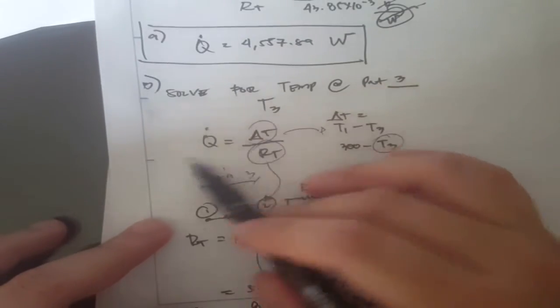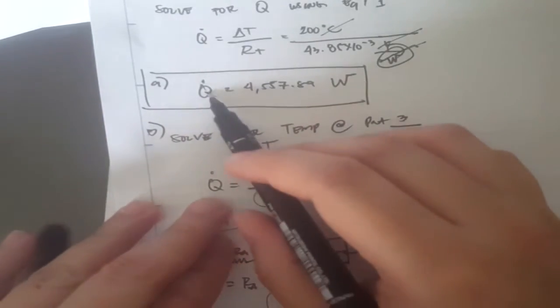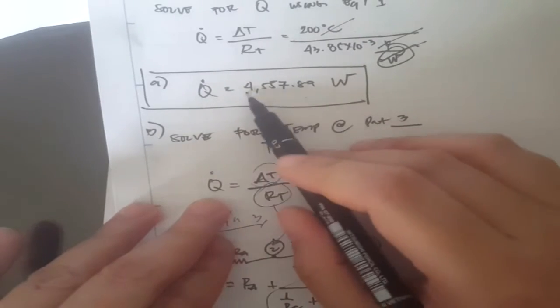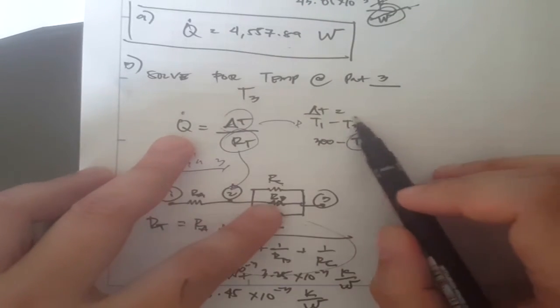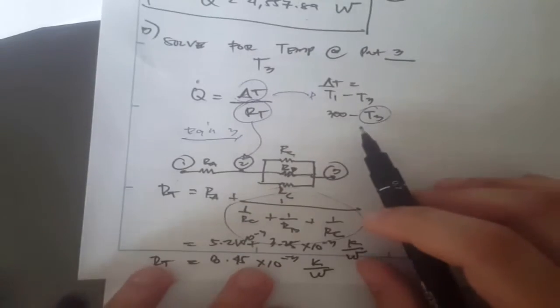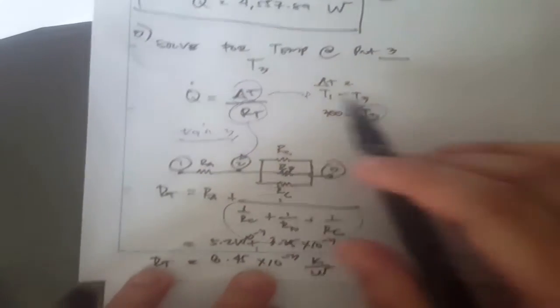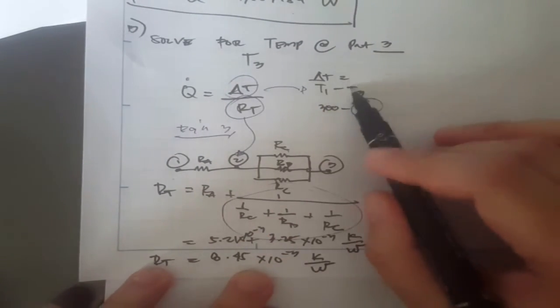Our Q is also equal to this one. We can now solve for the temperature 3, since we have all the values except this one.